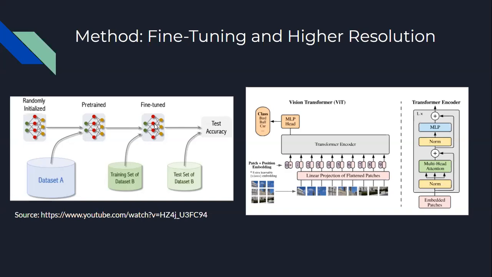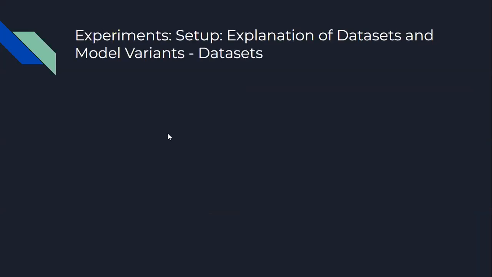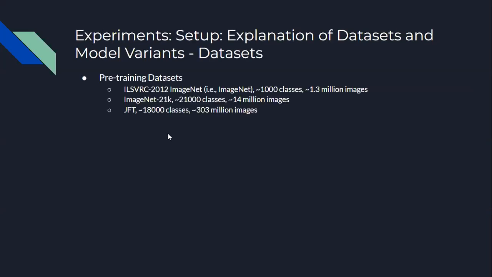To overcome that, they performed a 2D interpolation of the pre-trained positional embeddings. These are the two main approaches they have taken. Yeah, that's all. You can take the control for the next slide.